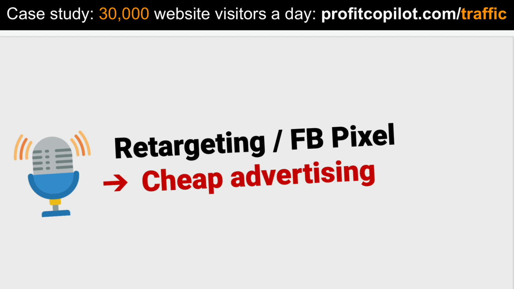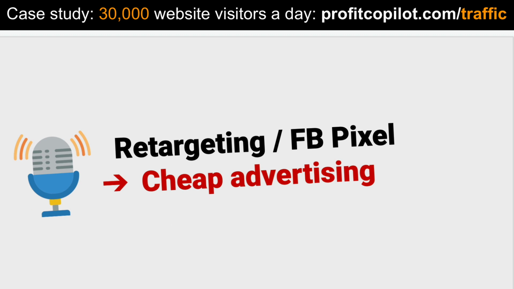So if someone has just listened to your podcast and they don't opt into your email list, instead they're surfing around Facebook and they see an ad that tells them to take action. It's like, oh, I've just listened to that podcast, now I'm seeing ads and they want to give me this free gift. So again, you're dealing with warm traffic, and that means it's very cheap to run ads.